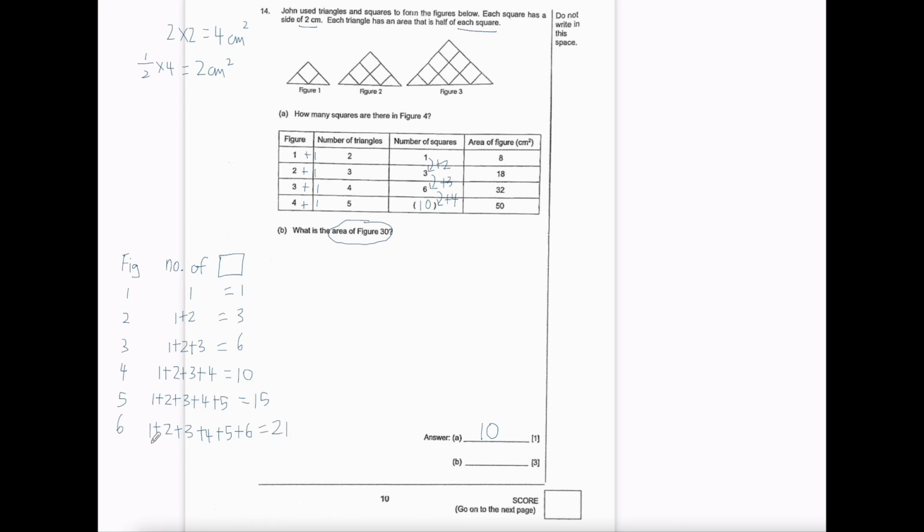So we have no choice. When we reach figure 30, we need to add 1 plus 2 plus 3 all the way to plus 30. Just be very careful, type into your calculator, and you'll find that your answer will be 465. So what's the area of figure 30?